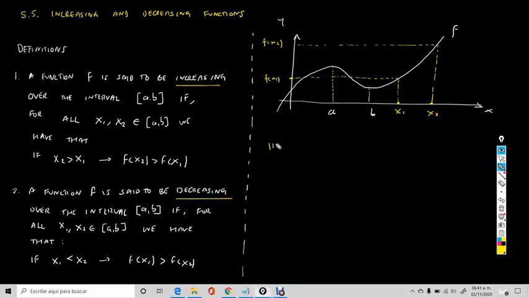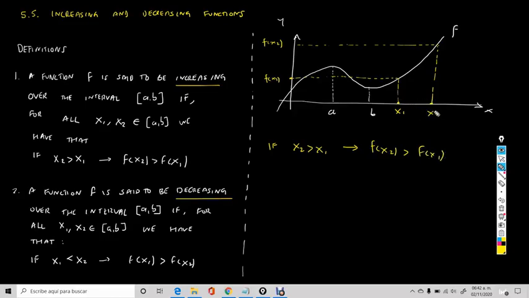If x2 is greater than x1, which in fact they are, okay, then f of x2 is greater than f of x1. You see? And that's what the definition of increasing means.